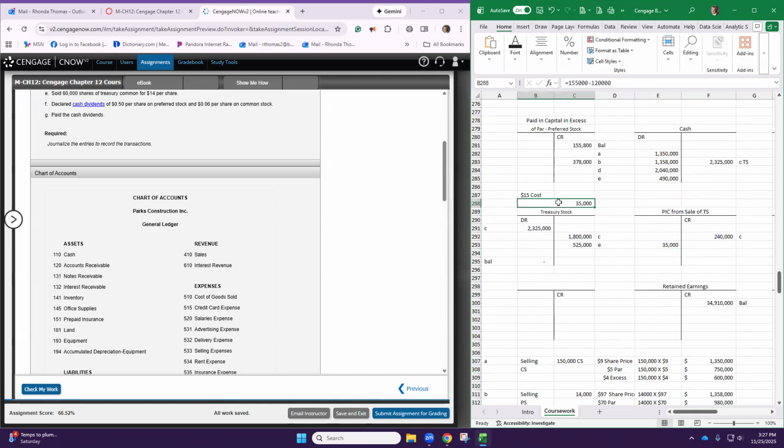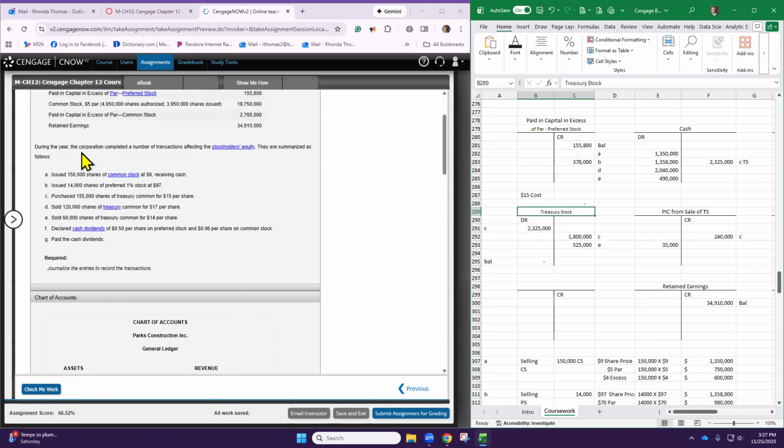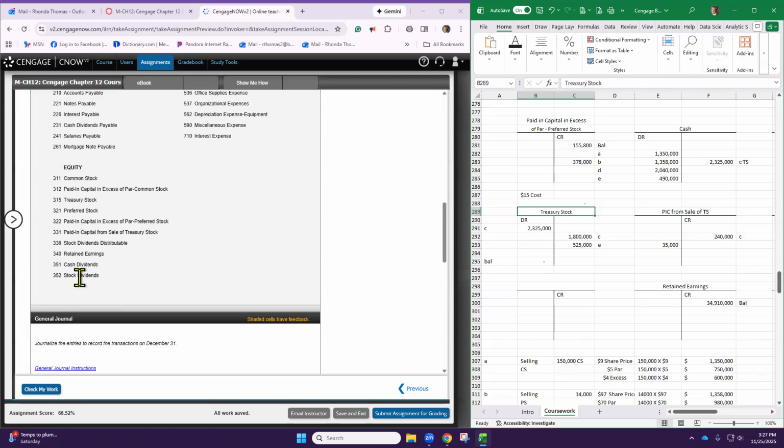So 155 minus 120 minus 35,000 is 0. I just want to make sure one more time. Purchased 155,000, then we sold 120, then we sold 60. So that is 180. So they're off.